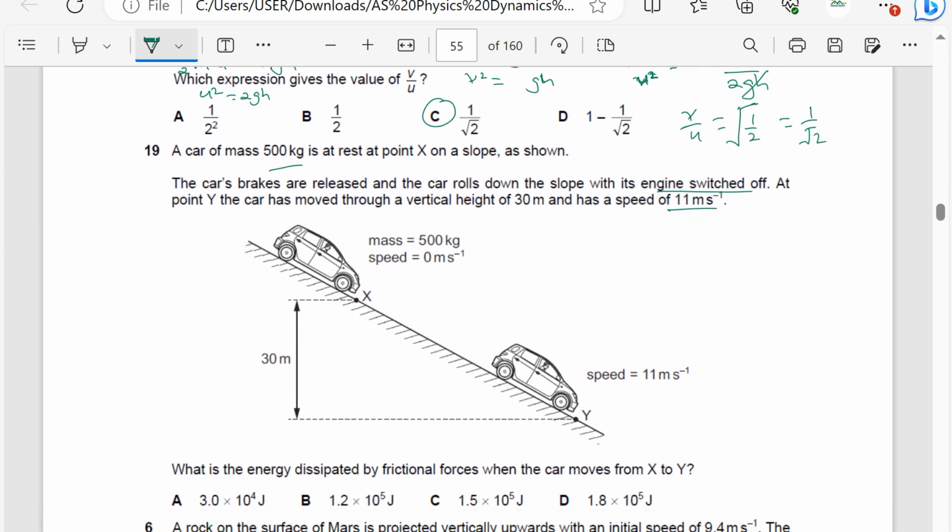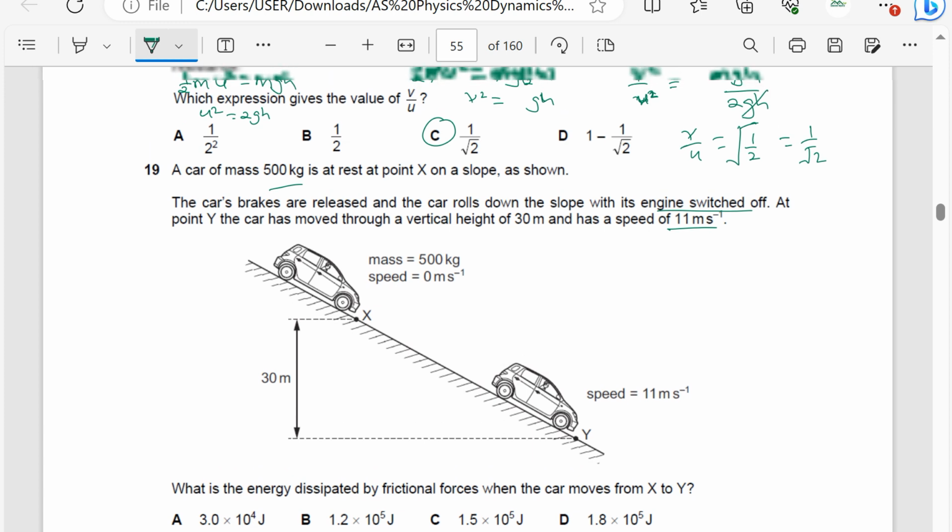What is the energy dissipated by the frictional force when the car moves from X to Y? So first of all, by conservation of energy, the loss in gravitational potential energy should be equal to the gain in kinetic energy if there was no friction. But since there is friction, the loss in potential energy minus the gain in kinetic energy should be equal to the work done against friction.